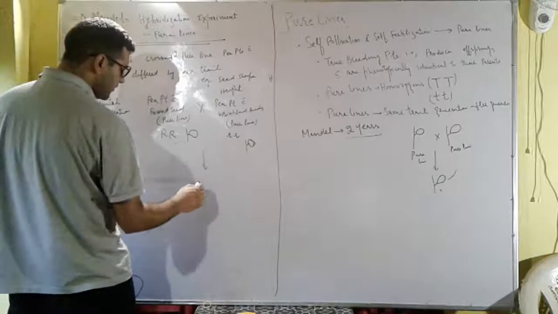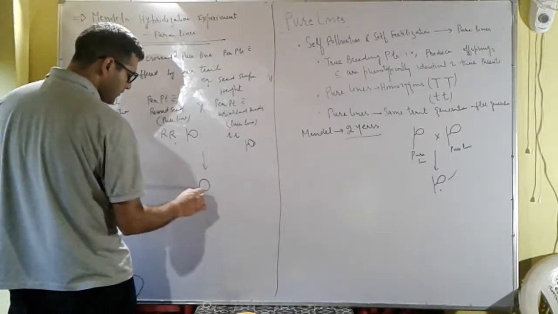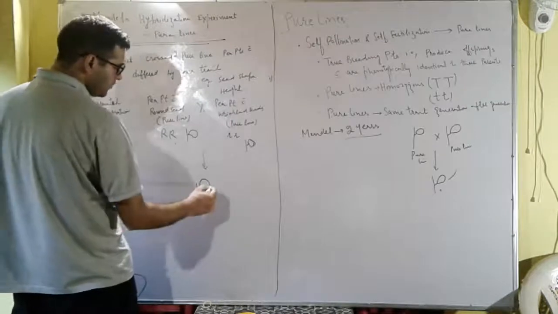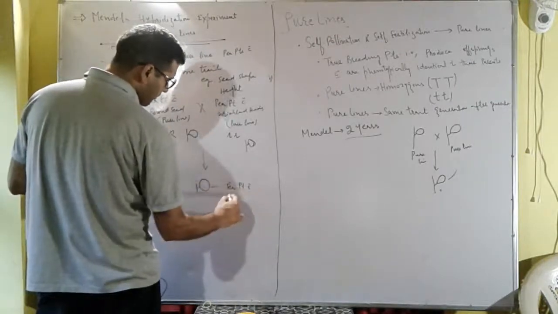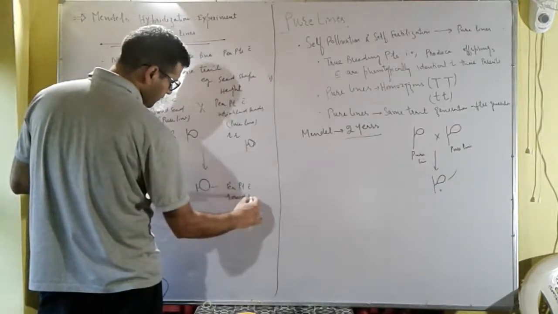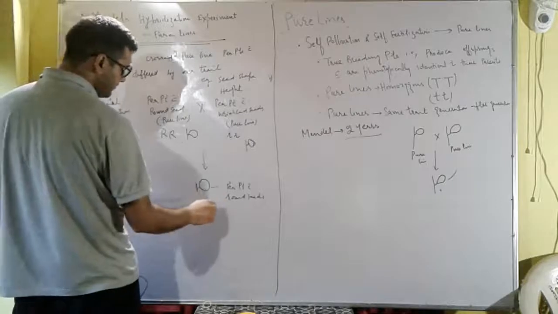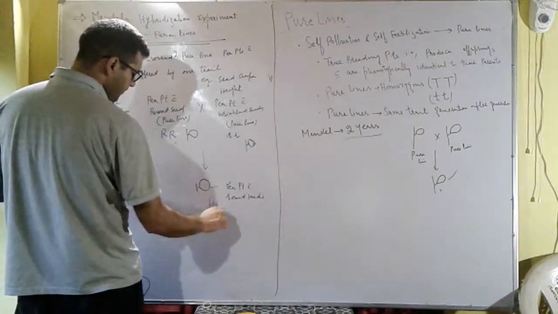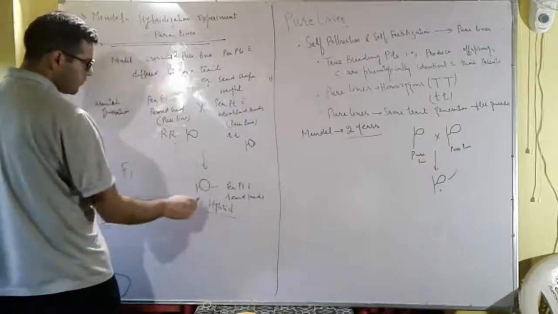So in the F1 generation he obtained pea plants with round seeds. This is a hybrid. It is called the F1 generation.